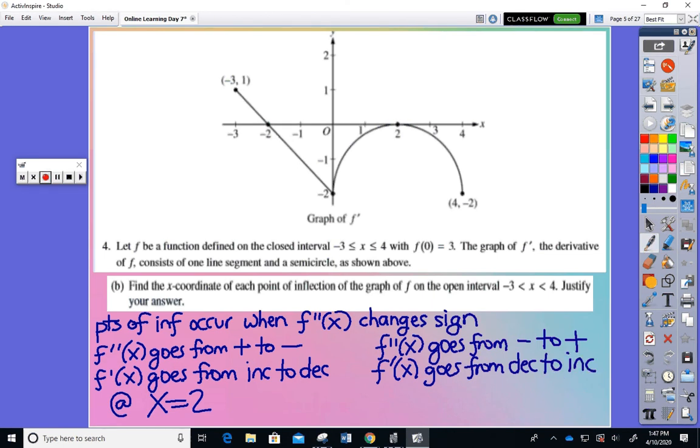So now I've got a justification because I'm talking about the graph that's in evidence. So what I'm looking for then is where does this graph go from decreasing to increasing? Well, the graph goes from decreasing and then it turns and increases after that, and after that it just goes increasing to decreasing. So it looks like that would be at x equals 0. So those are my 2 points of inflection.